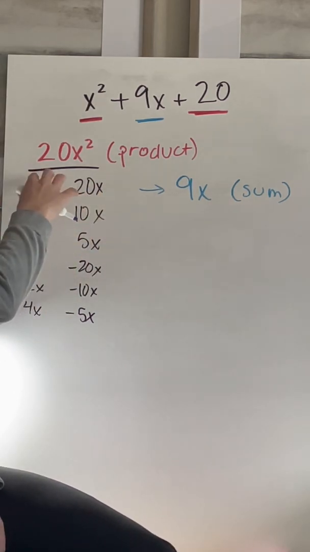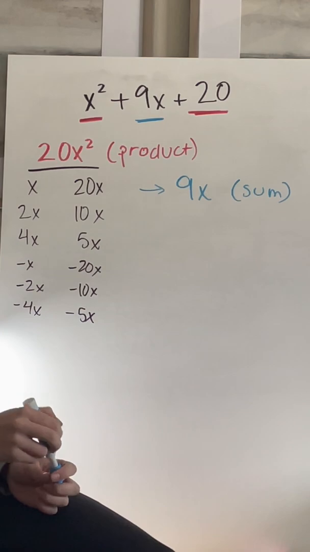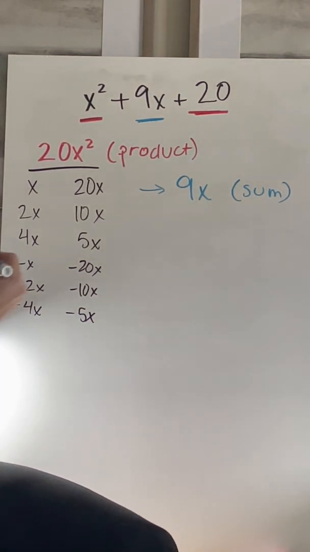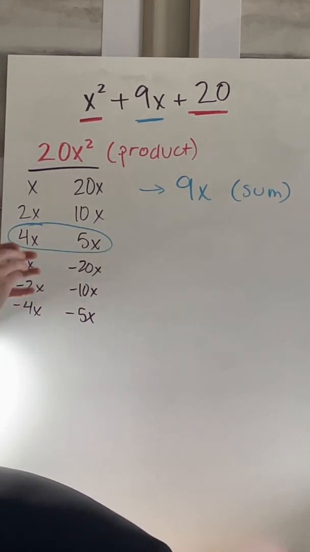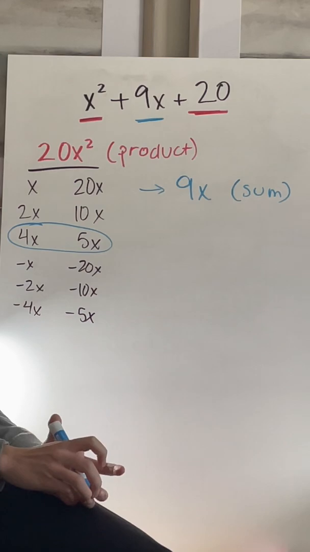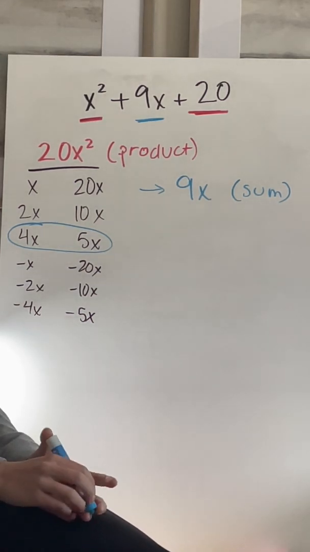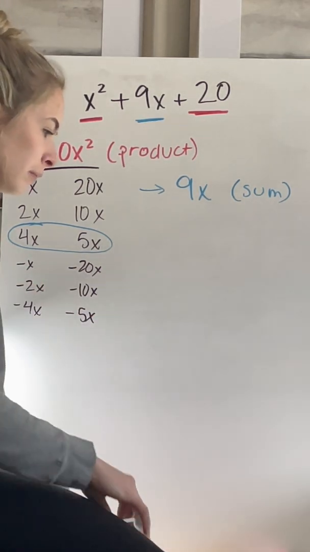We already know they work for multiplying to our 20x squared, but which is going to add to give us our sum? Well, when you look for a little bit, it's going to be these two. They're going to be positive. So we have positive 4x and positive 5x. Those two are going to be the terms that we use.